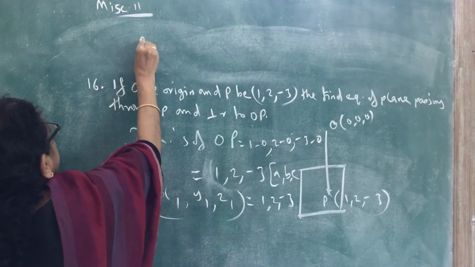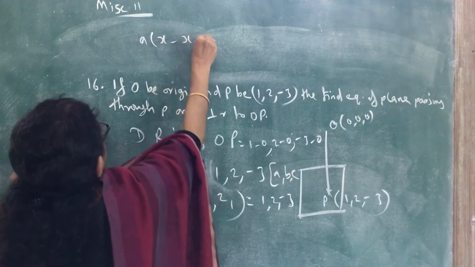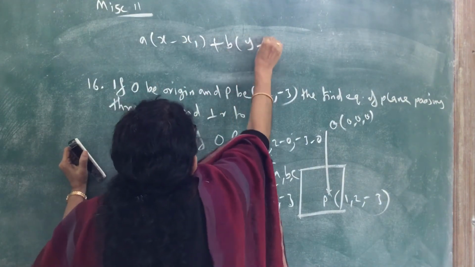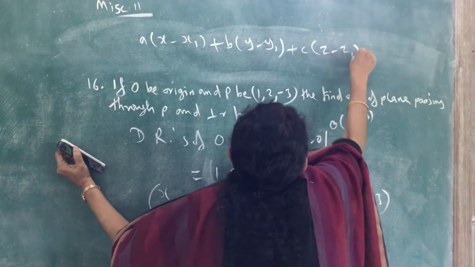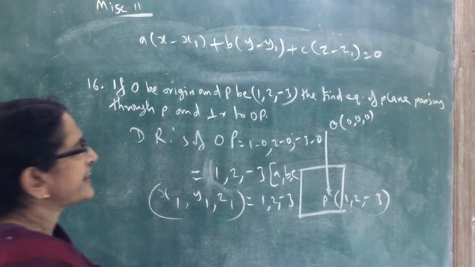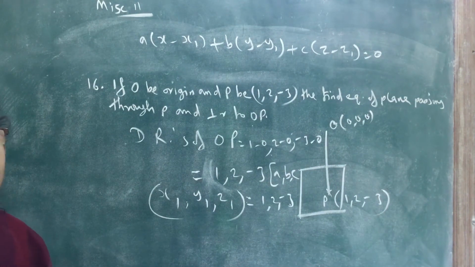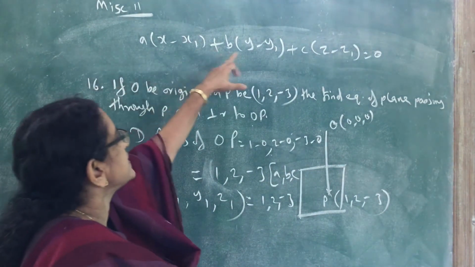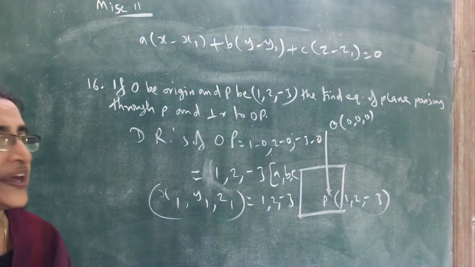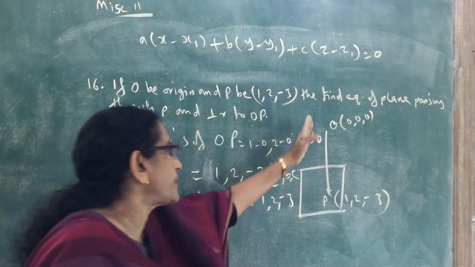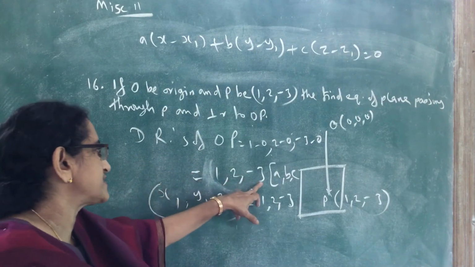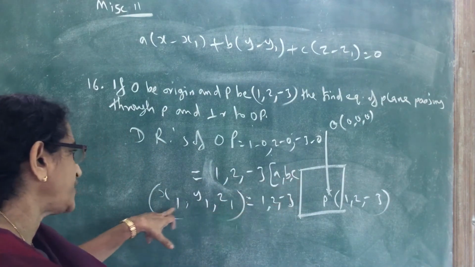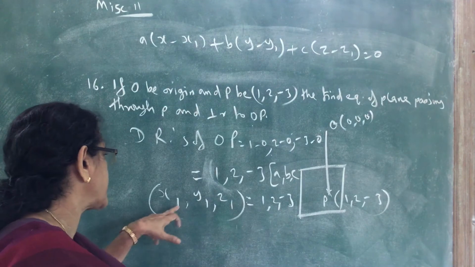This is the formula: A into (x minus x1) plus B into (y minus y1) plus C into (z minus z1) equal to 0. Here x1, y1, z1 is a point on the plane and A, B, C are drs of normal to the plane. Here OP is a normal to the plane. So drs of OP 1, 2, minus 3, that is A, B, C. Point on the plane 1, 2, minus 3, that is x1, y1, z1.